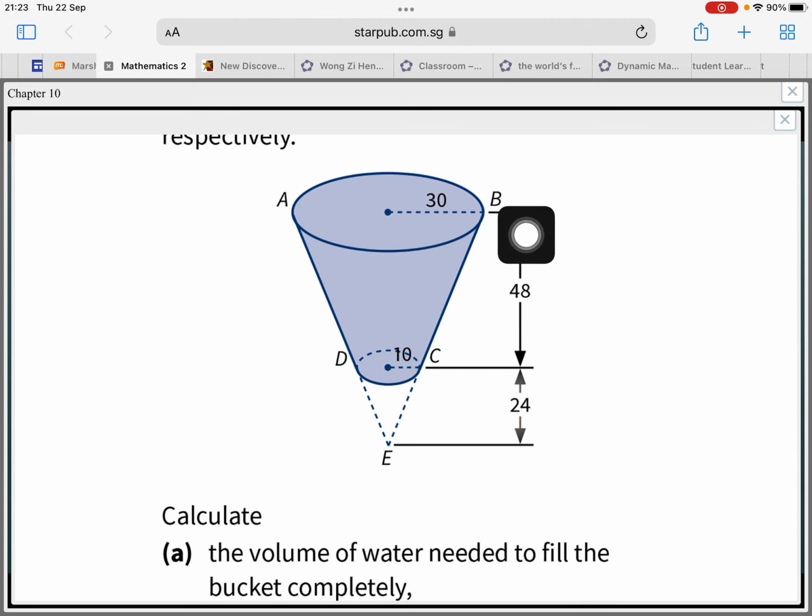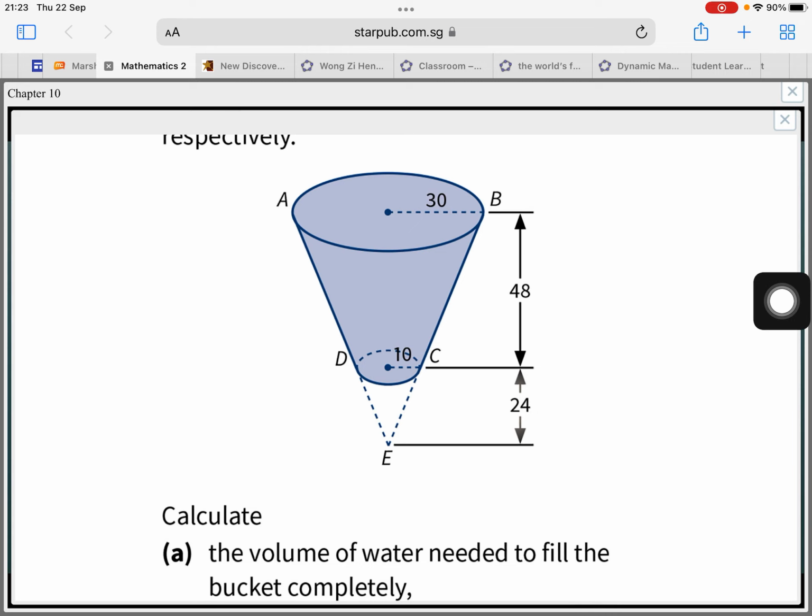In this case, that is the second scenario. So you find the volume of the bigger cone ABE, then subtract away the volume of the smaller cone DCE. Then you can find the volume of the bucket.